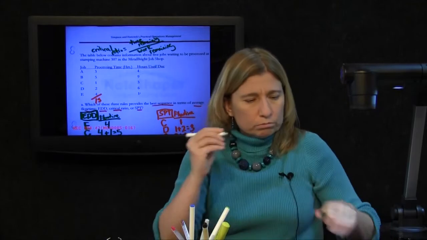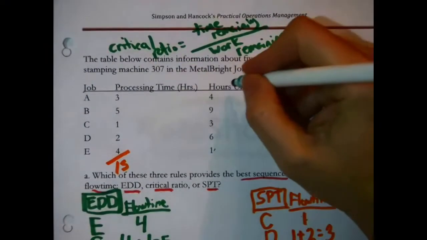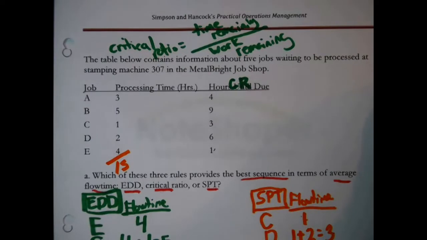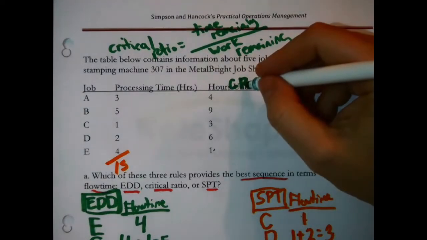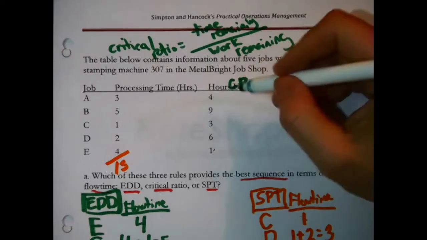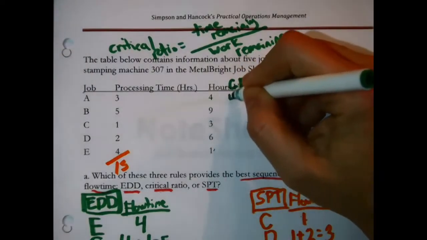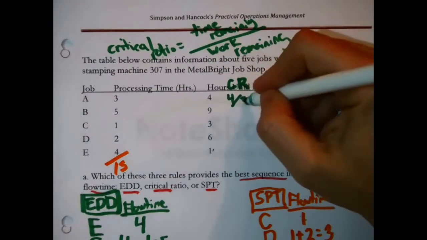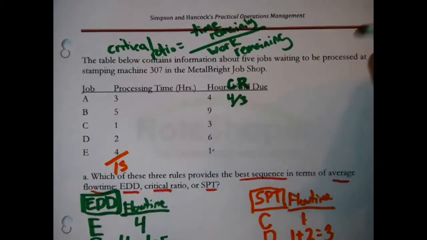So really, why don't I just add another column here, CR for critical ratio, time remaining to work remaining? This is the time remaining. For instance, for job A, 4 divided by work remaining, 3. The critical ratio for job A is 4/3.